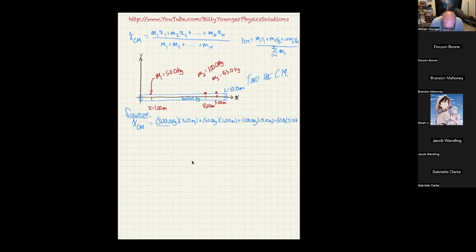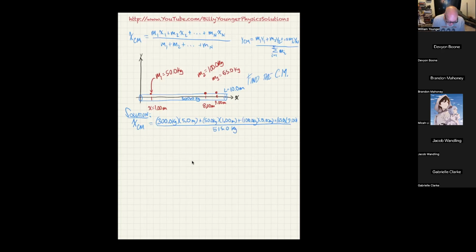And all that will be divided by the total mass, which I think you can see is 300, 350, 450, 515. So this should be 515.0 kilograms.